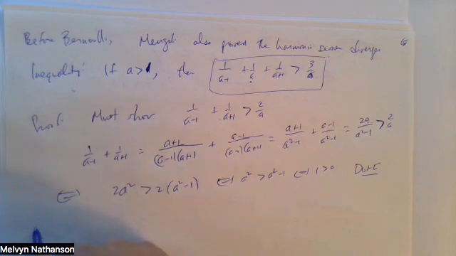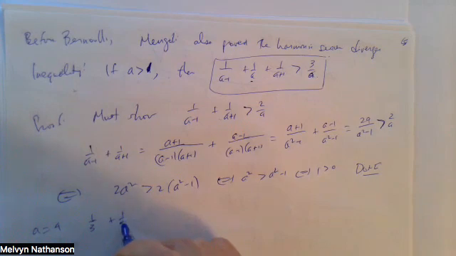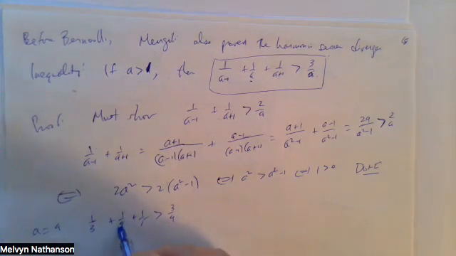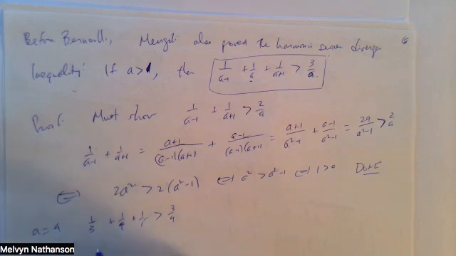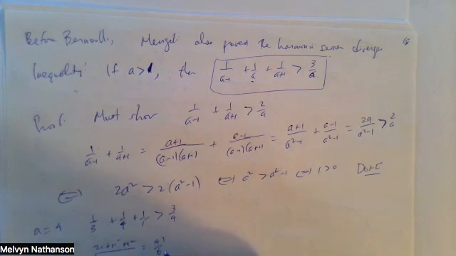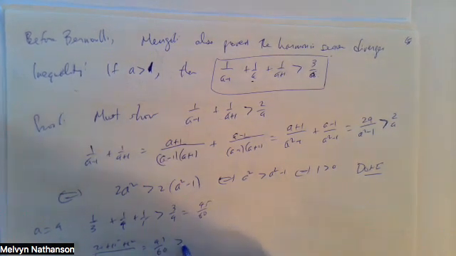For example, if I take a equal 4, this says a third plus a fourth plus a fifth is bigger than 3 over 4. Let's see, is that right? If I put this over a common denominator of 60, this is 20 plus 15 plus 12, which is 47 over 60. And 3 over 4 is 45 over 60.